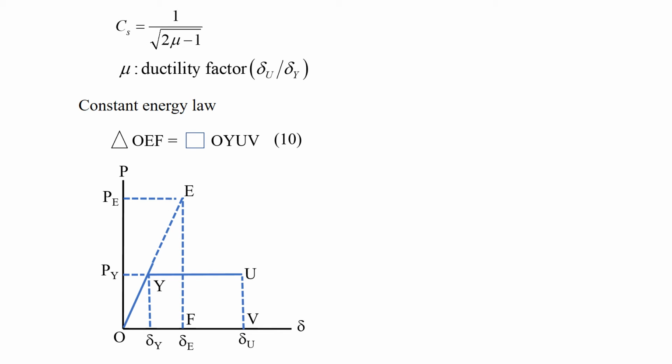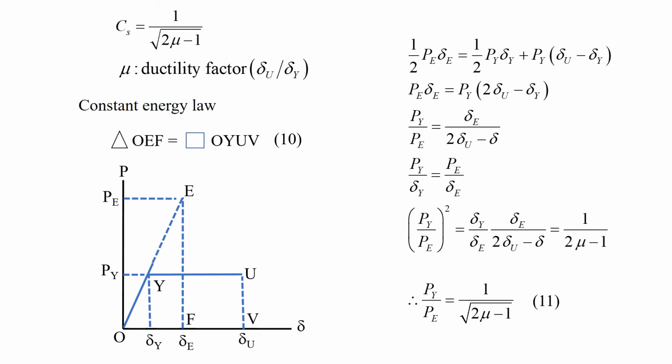The relation of OYE is for the elastic structure, and that of OYU is for the elastic plastic structure. The ductile structure can be treated by the elastic plastic structure. This constant energy law of equation 10 leads to these calculations. Please follow them by yourself and finally get equation 11.